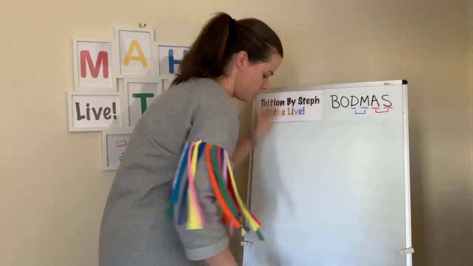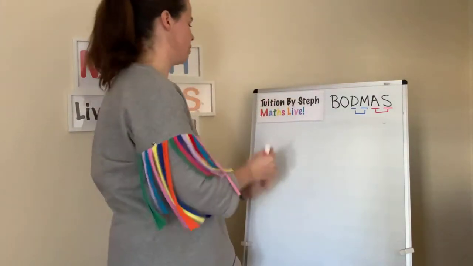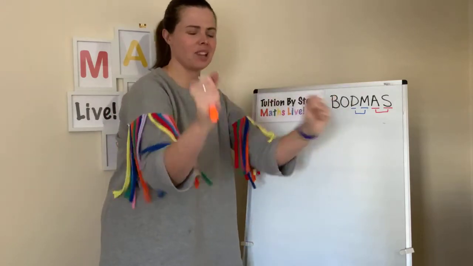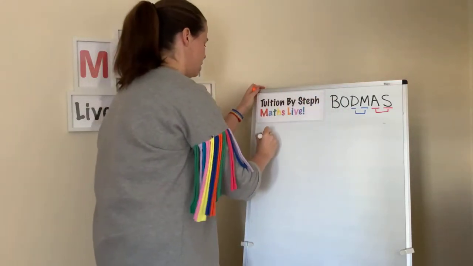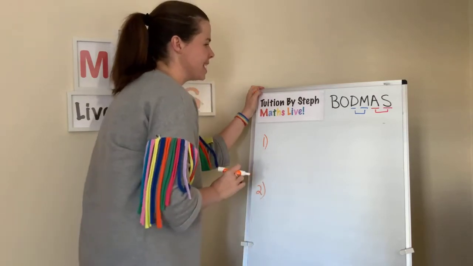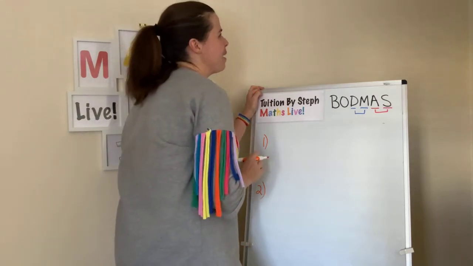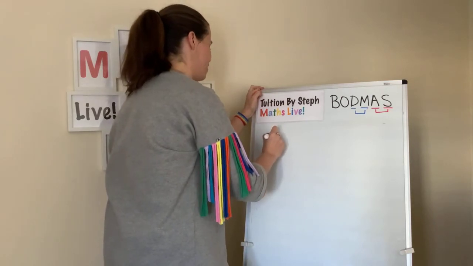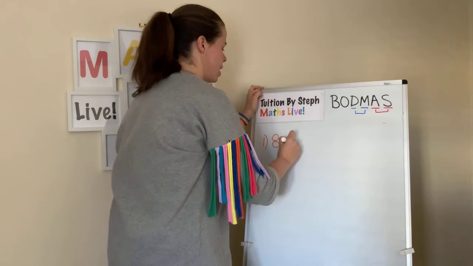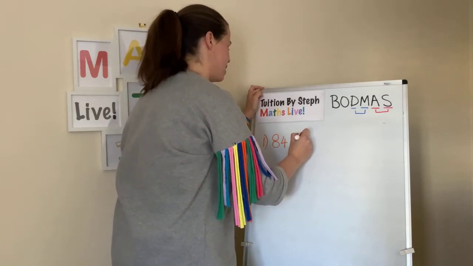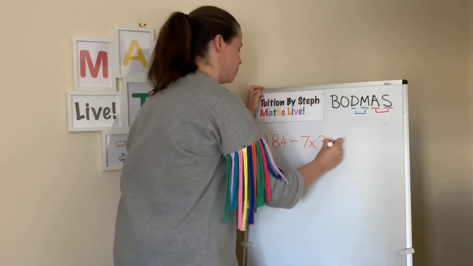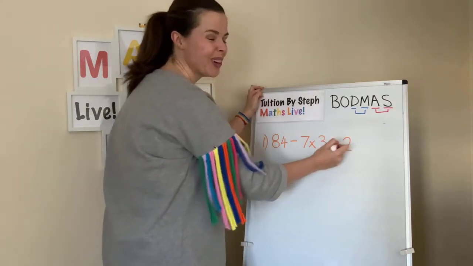Okay. So here's your last 2 questions. Ready? Last 2 questions where we stretch our arms, click our elbows, wiggle our fingers. It's question 1 and question 2. Let's see, how mean can I be? I'm going to give you 84 take away 7 times 3 plus 2.